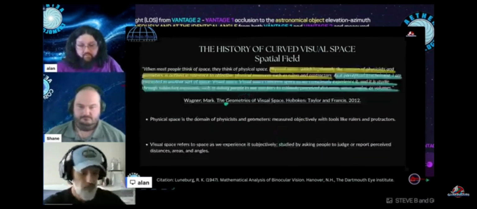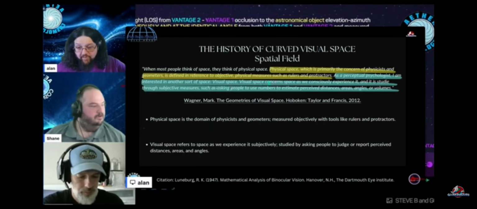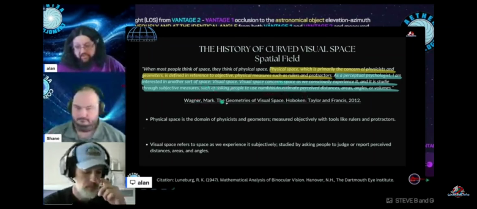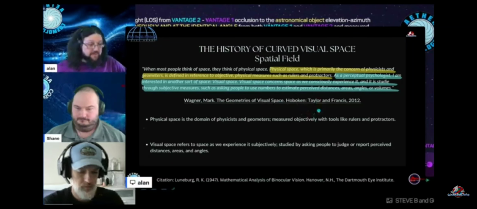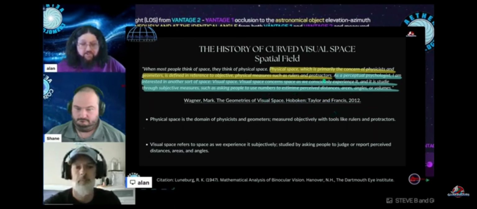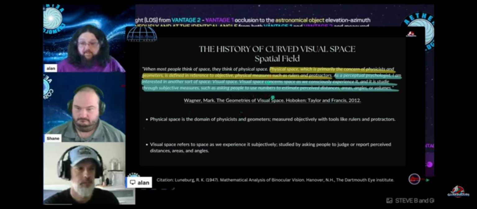We'll go over one more definition here from Wagner, and we'll be borrowing largely from this book, The Geometries of Visual Space, where he lays out a nice history and introduction to the subject. I thought I'd turn it into a presentation here that we could go over the history of, all get familiar with it, see who the big players are here.